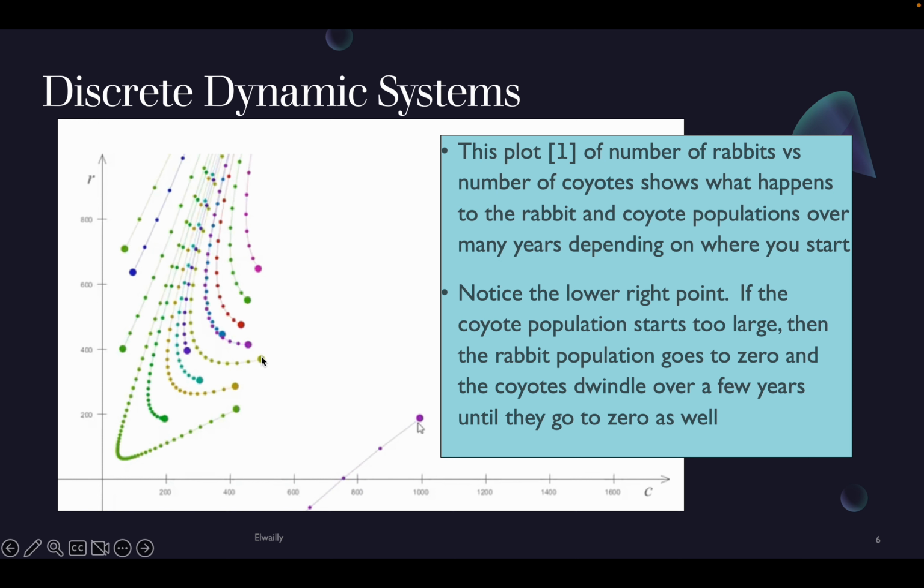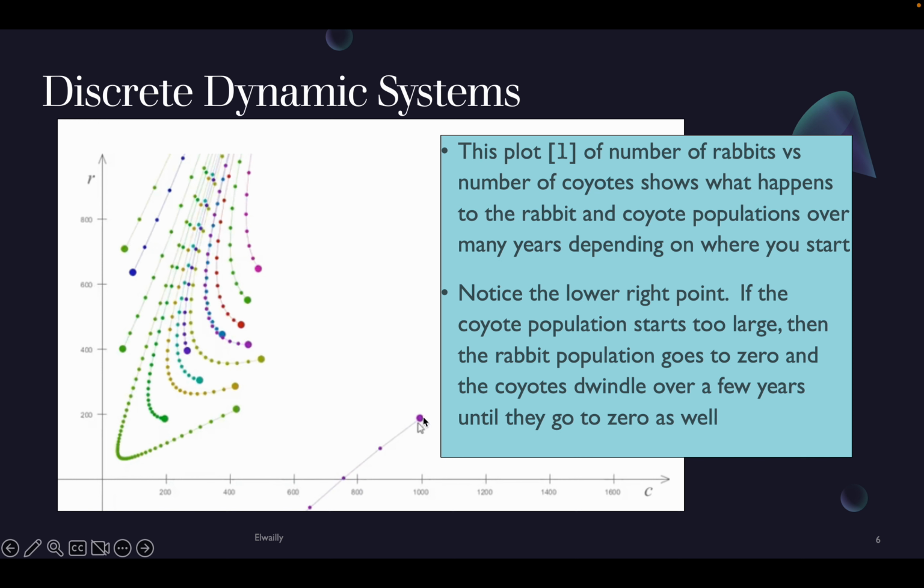But if you have fewer rabbits but the same amount of coyotes, then the coyote population will go down more drastically before stabilizing, as expected. And finally, if you have very few rabbits, then the ecosystem basically collapses before, again, stabilizing.